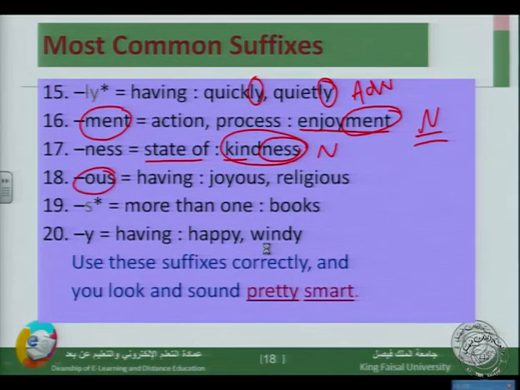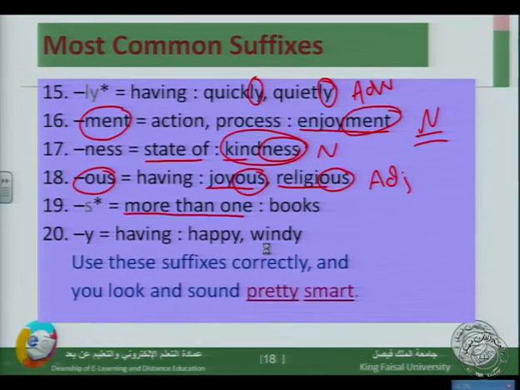Ous, it means having. It has the same meaning as ic. Here we have some examples. Joyous, religious. Words ending with the suffix ous are adjectives. Number 19, the s. It means more than one.